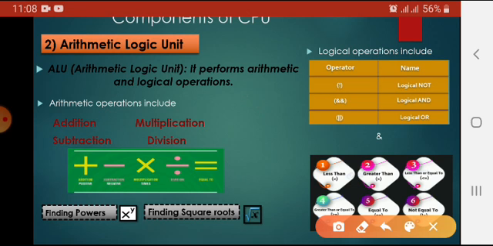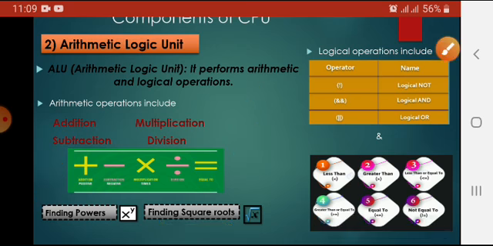They also include finding of powers, like if I want to find 2 raised to power 3, this will also be performed by the ALU, and it also finds the square roots. These are the arithmetic functions.